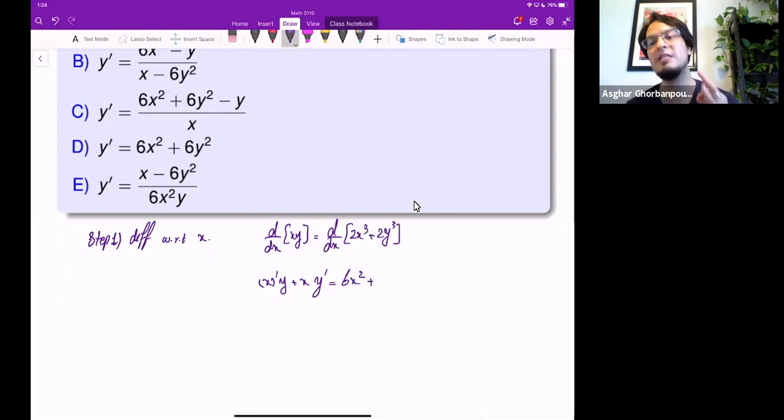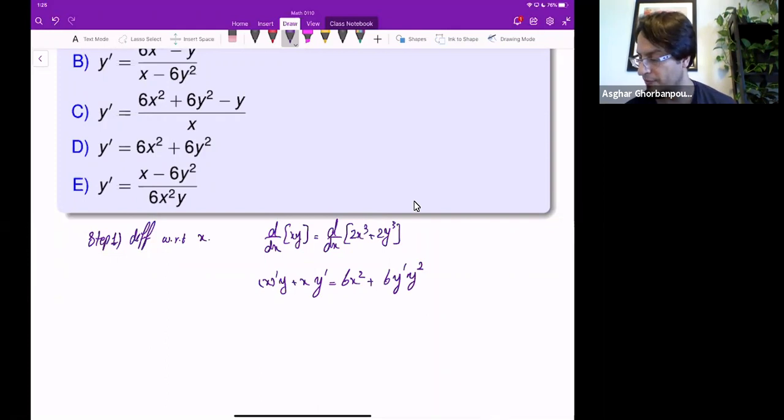You see, we are not differentiating with respect to y. We are differentiating with respect to x. It means that you have to apply the chain rule, or what your book likes to say, generalized power rule. Means that it is not 6y to the power 2. It is 6y prime times y squared.